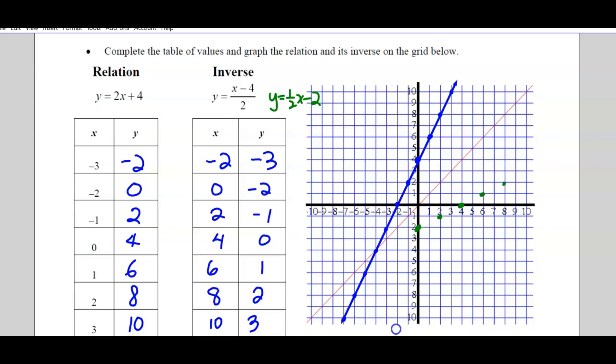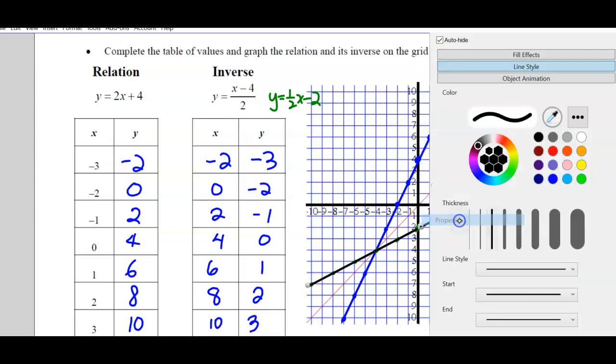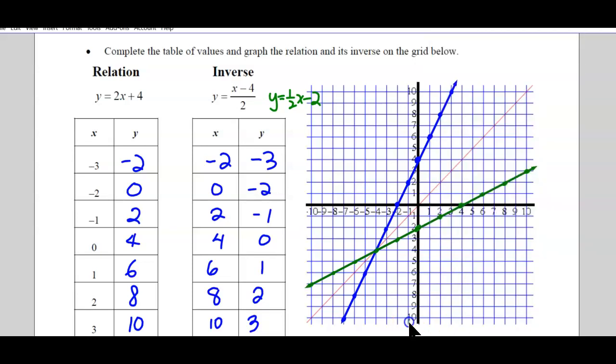In any case, you can see your slope, even if you just do a few of those, you can extend it to fill out your grid paper. And take a look and compare it to that red line.